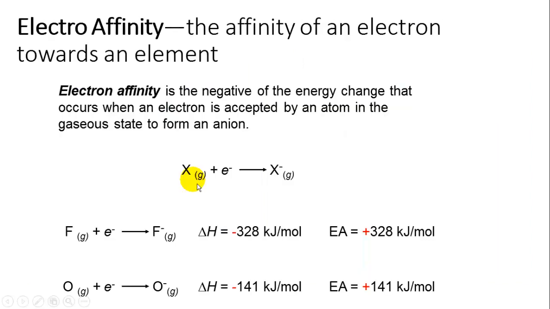Opposite to this is electron affinity, and that is the affinity of an element towards an electron. The more electronegative the element is, such as fluorine and oxygen, the more likely it will gain an electron. Here, the more positive value you get, the more affinity the element has towards an electron.